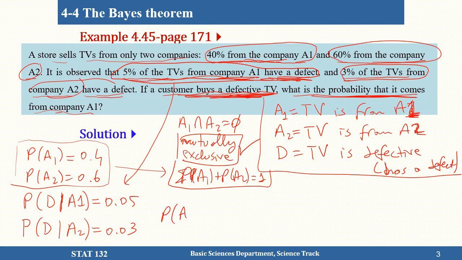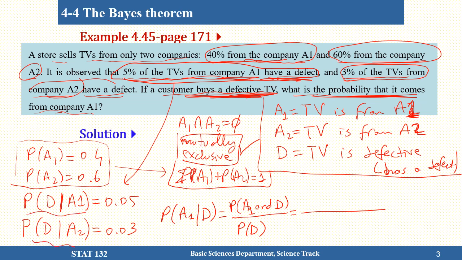Now, P(A1 given D), the probability of A1 given it's defective. If you use the conditional probability rule, it will be P(A1 and D) divided by the probability of D. Now, the probability of D can be written in terms of these.